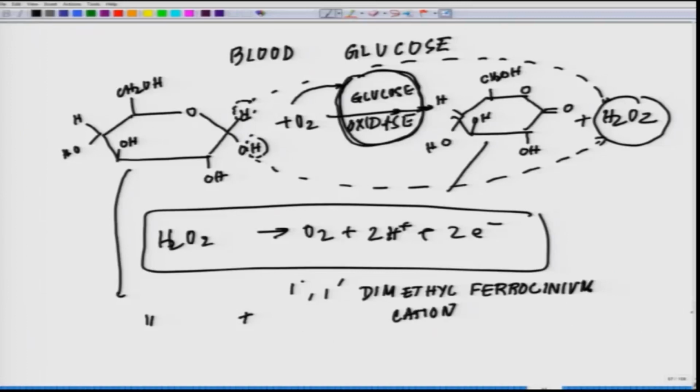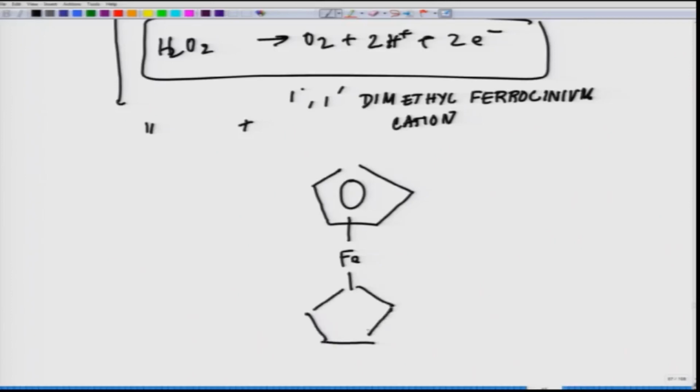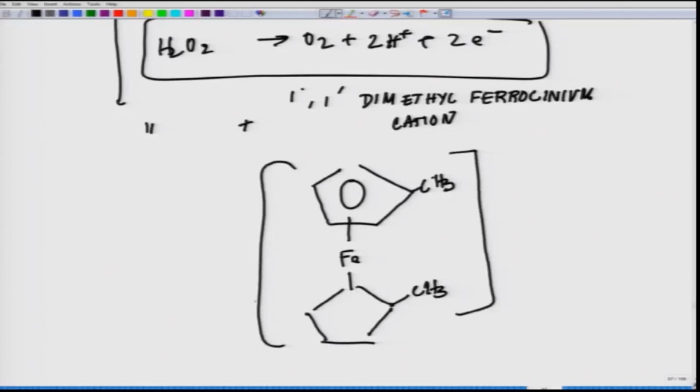So, this is a ferrocenium, as you can see, where iron is present, with CH3 and CH3 groups, and a plus charge.